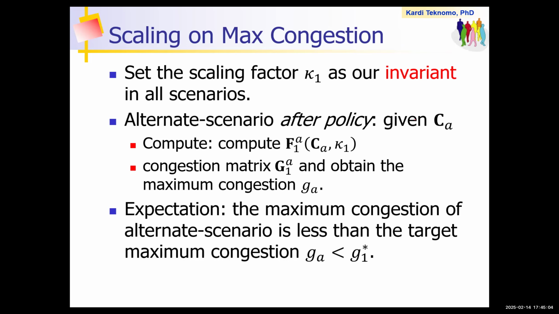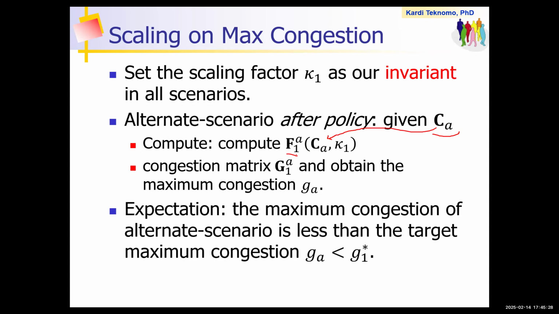Now, after you do a certain policy change to the network, let's call this, instead of CB, now I have CA. A is alternative. So based on this new network, CA, I can calculate the new flow.